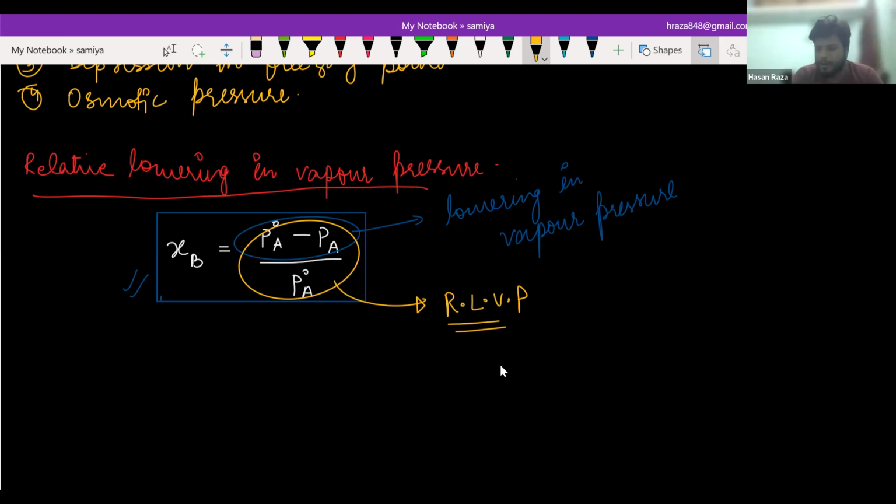So please write it, and then we are going to derive for elevation in boiling point, then depression in freezing point, and then osmotic pressure.